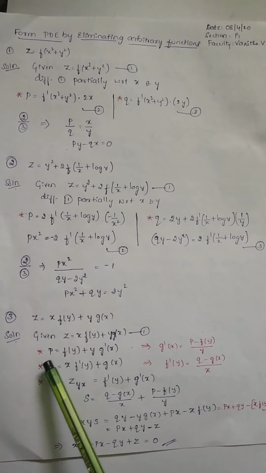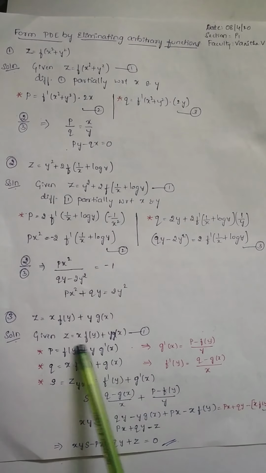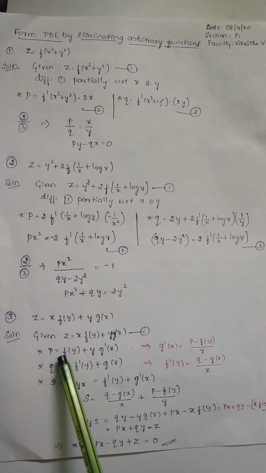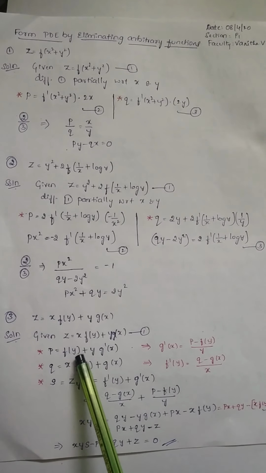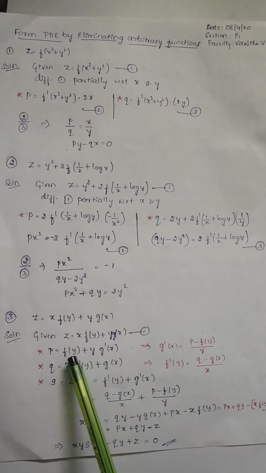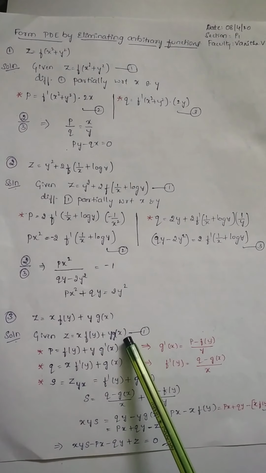for example, here double derivative of p, this expression will be, one more differentiation if you do, you will get with respect to x, this term will be constant, so the f of y will be constant, so differentiation will be 0, and here you will get g double dash of x.